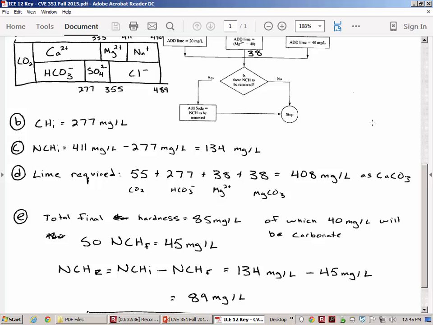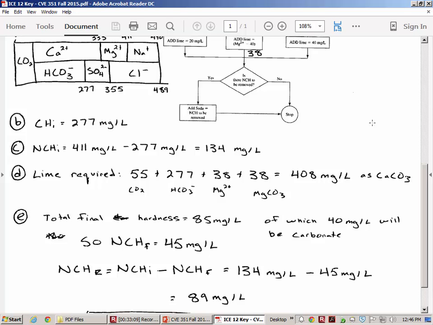Our total final hardness, it says in the problem statement, is 85 milligrams per liter. That's how much we can have at the end. We're going to assume that 40 of that is from a carbonate source. So 40 is carbonate, 45 is non-carbonate, total 85. So after all of the reactions, we're going to have 45 milligrams per liter of non-carbonate hardness, and 40 will be carbonate.